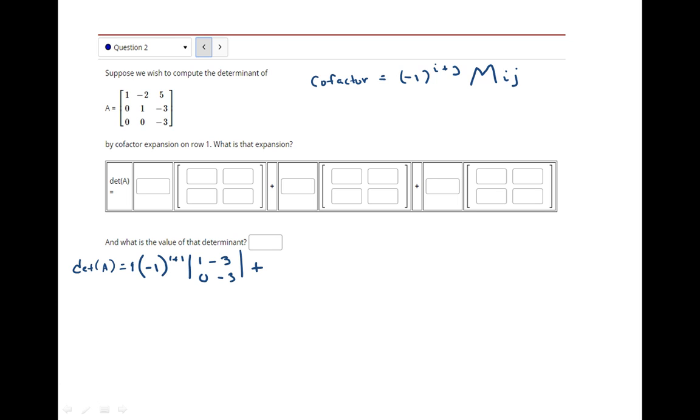So now we're looking at this -2. So plus -2 times -1. So now we are in row 1, but column 2. So it's 1 plus 2. Now we're eliminating this column and this row, which leaves the determinant of the remaining 0, -3, 0, -3. So we'll take the determinant of that.